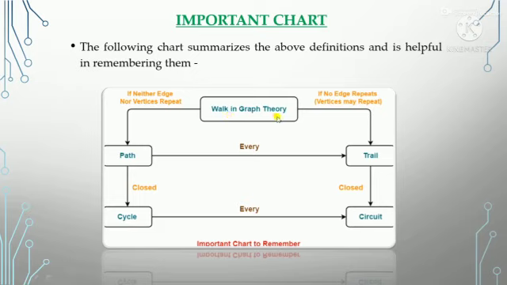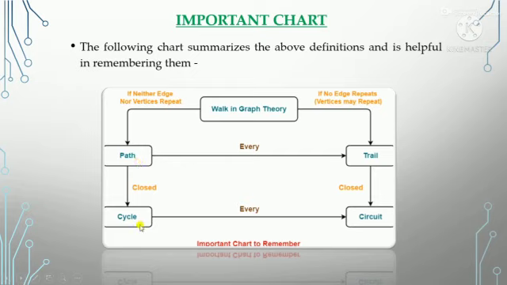A walk is any sequence of vertices connected by edges. When no edges are repeated but vertices may be repeated, that walk becomes a trail. And if no edges and no vertices are repeated, that becomes a path. After that, if our trail is closed, it becomes a circuit, and if our path is closed, it becomes a cycle.